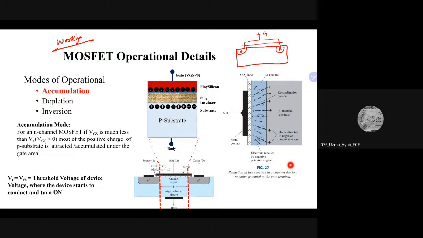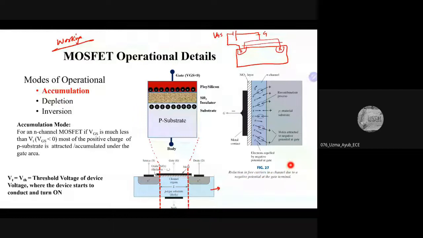So whatever voltage is applied between gate and source, it is known as VGS. VGS is the voltage between gate and source. Now see, accumulation mode for an N-channel MOSFET, you should note it down.